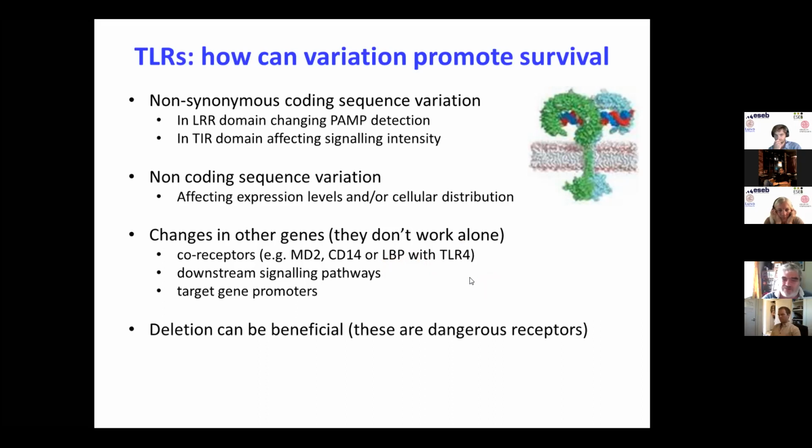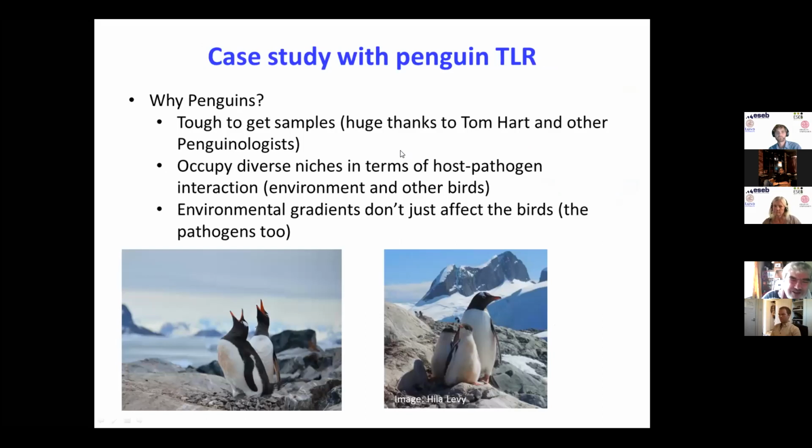So polymorphisms in any of those can also have effects on TLR4 biology. Downstream signaling pathways can be different between different species or between different individuals. And then, of course, we've got the target genes. Their promoters can be different, and that could lead to a different outcome from the stimulation of the same TLR. And as I've mentioned before, deletion can be beneficial. These are pretty dangerous receptors. So I now just want to move on to a couple of little case studies.